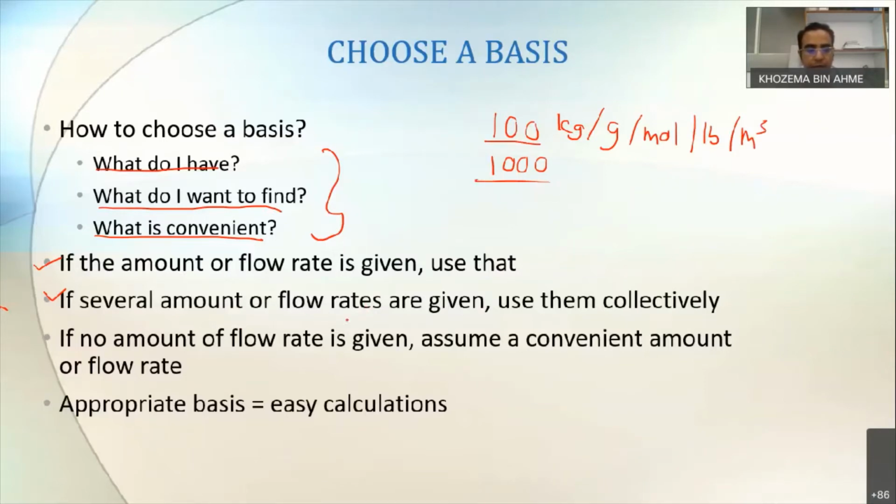Convenient value. If you have an appropriate, simple basis, then your calculation will be easy. If for example you want to choose a basis of 80, the question did not give you any value and you want to choose 80 kg as your starting value, is this wrong?